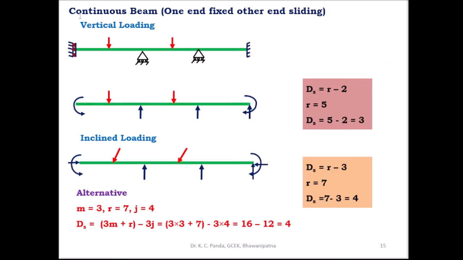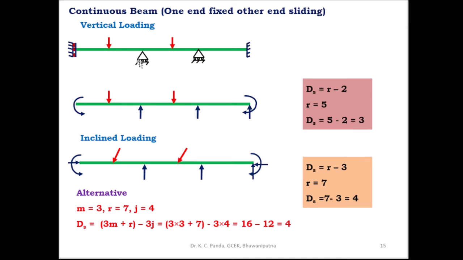Then coming to the continuous beam when one end of the beam is fixed and the other end is sliding. Here this is a 3 span continuous beam. So this end is fixed and this end is sliding, and these are 2 intermediate supports. This intermediate support is roller support and this intermediate support is roller support.